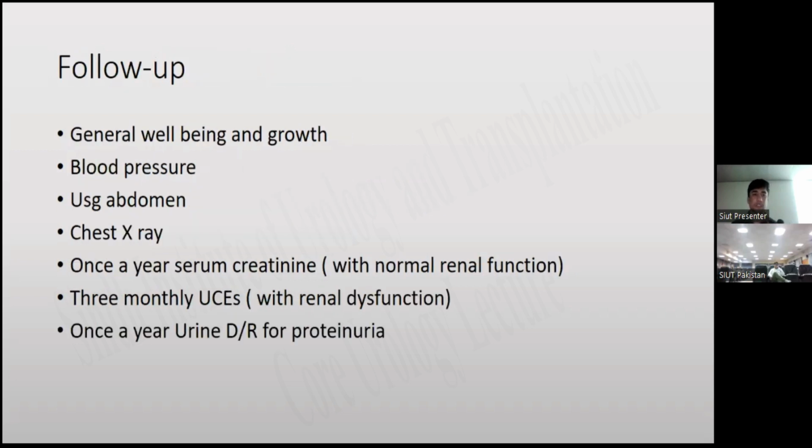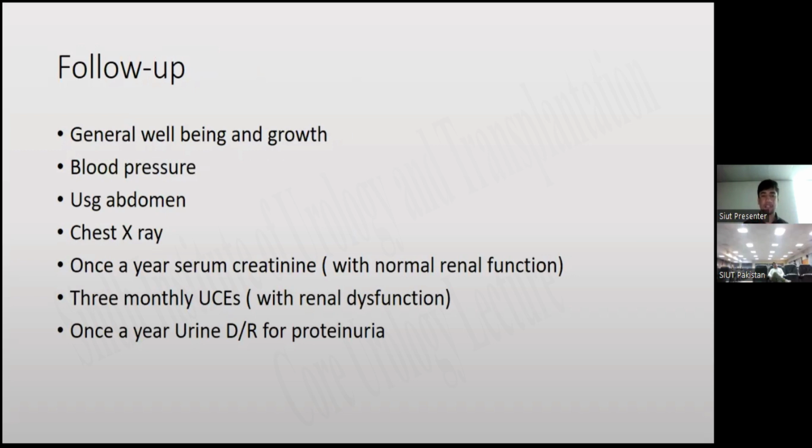So the follow-up of Wilms tumor, if we have done the surgery and then the adjuvant chemotherapy as well. It requires a long time. In follow-up, we look for the general well-being and the growth of the child, the blood pressure at every visit, the ultrasound abdomen, and the X-ray of the chest. We look for any nodule or any deposit or metastasis.